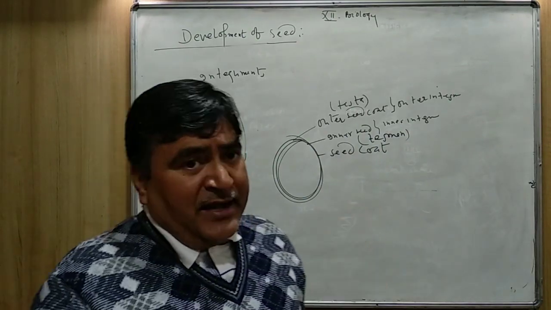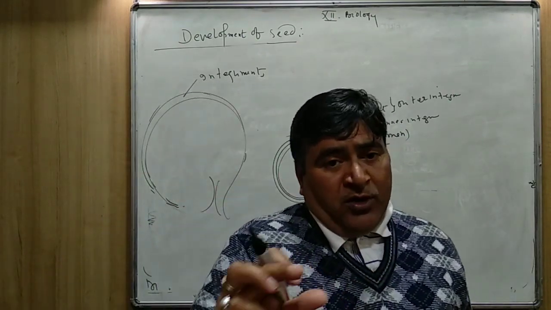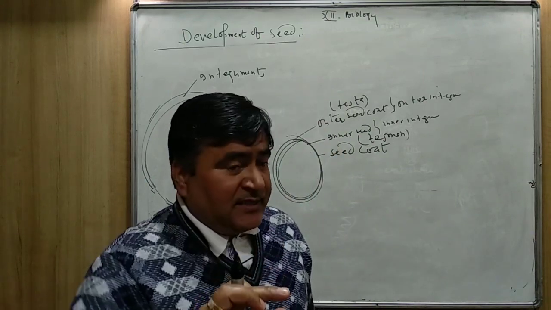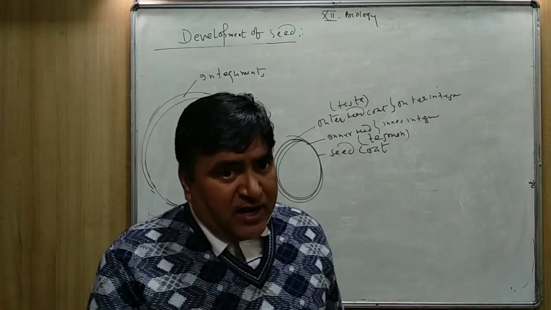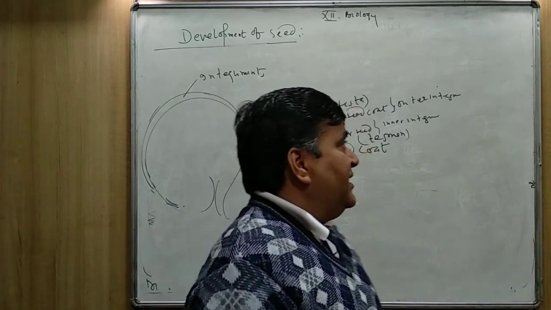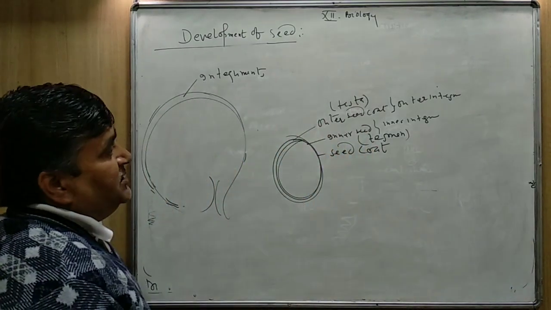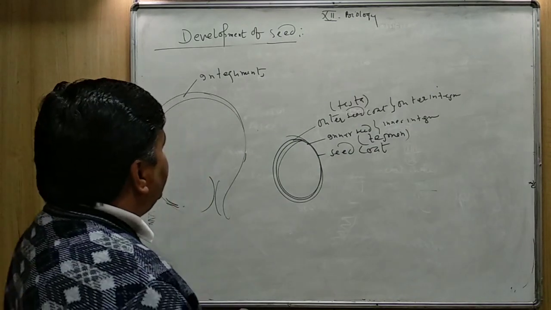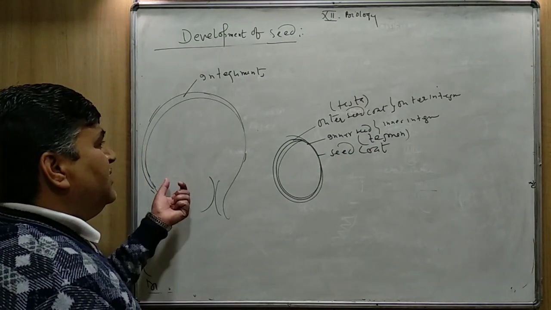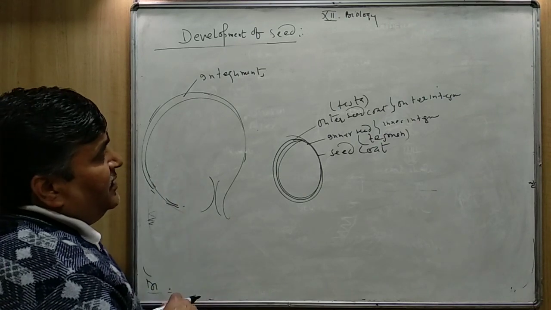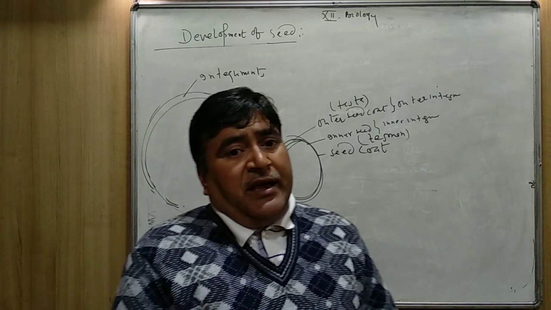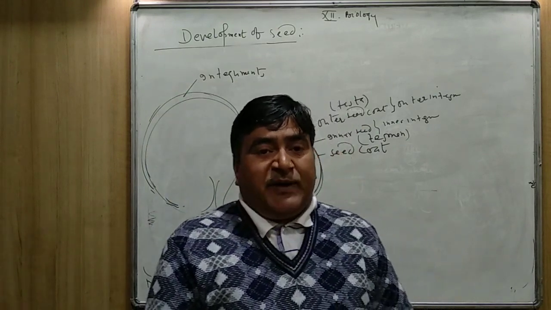So testa and tegmen, these two are the seed coat layers. Testa is the outer layer of the seed, and tegmen is the inner layer of the seed, and these two layers are the product of integuments. The seed helps in the process of dispersal.